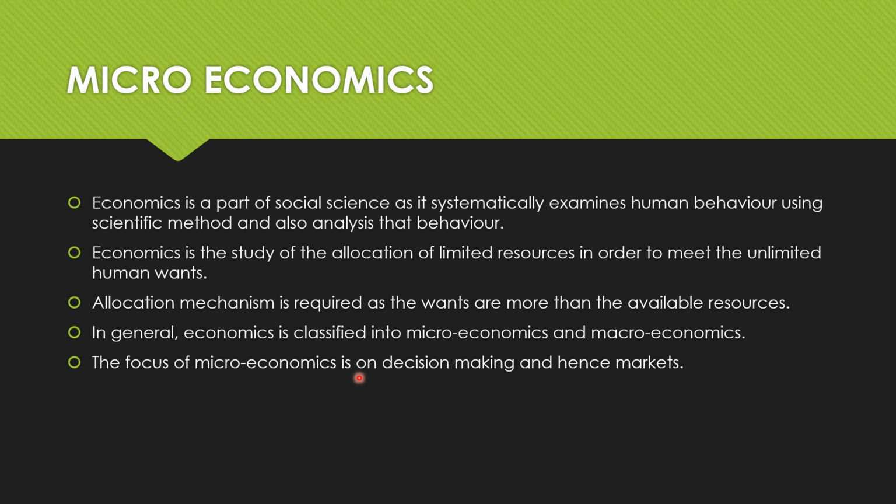Microeconomics is concerned with the behavior of individuals, firms, unions, etc., or any other identifiable agents. So the focus of microeconomics is mainly on decision making and hence on the market.